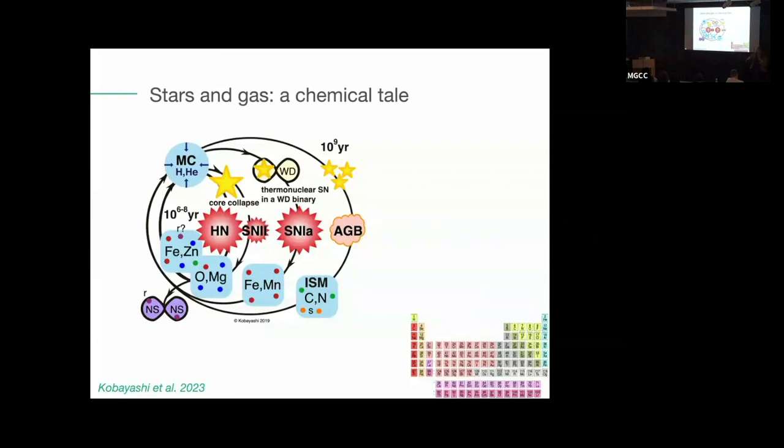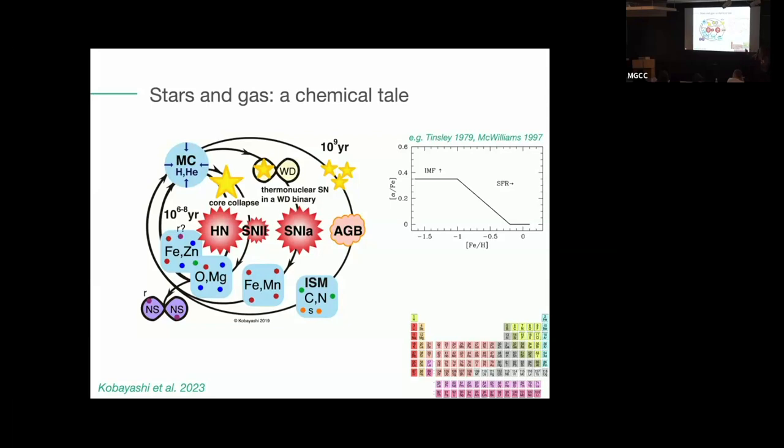So stars are formed from gas, different stars form different metals that are then recycled in the interstellar medium at different time scales. So they talked a lot already about supernovae, core collapse supernovae and alpha element enhancement, so I don't need to explain this.